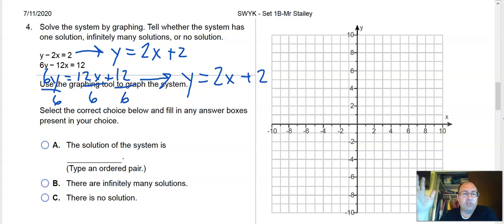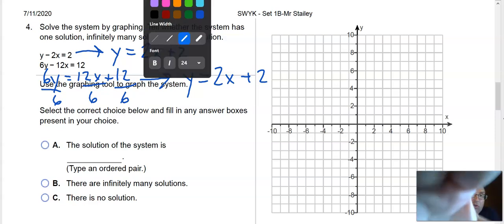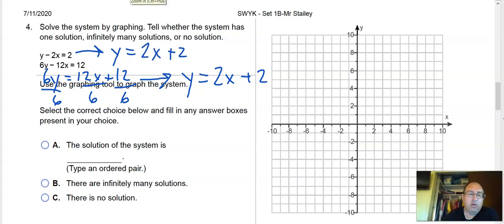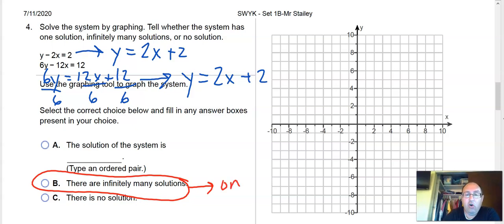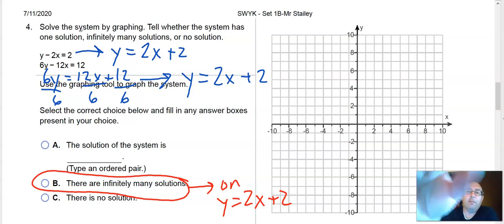In this particular situation, you can see I solved them for y, and what I ended up with was the exact same equation. So I know that there are an infinitely many number of solutions here. Now, the truth of the matter is they are infinitely many on y equals 2x plus 2. You can't just say any point in the world, but since we're dealing with multiple choice here, yes, you would definitely choose that one right there.